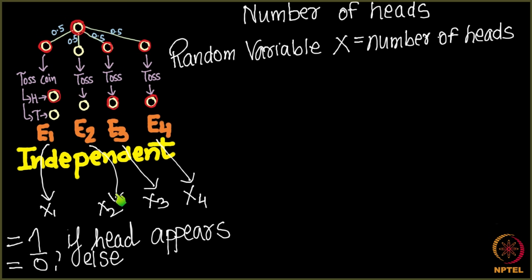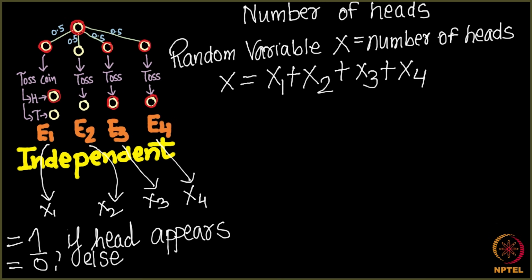Similarly, x2 is the number of heads I get from experiment 2, which again can be either 1 or 0. Similarly, I have x3 and then I have x4. So what I can say is x equals x1 plus x2 plus x3 plus x4. So wherever I get a head out of these experiments, I can add that value and it becomes equal to x.